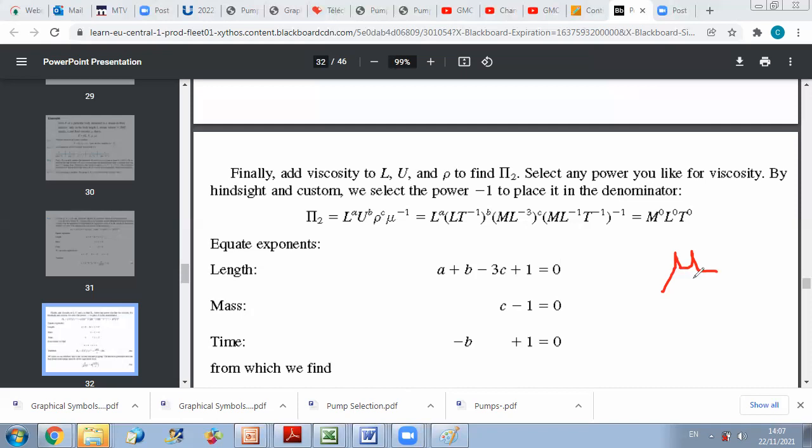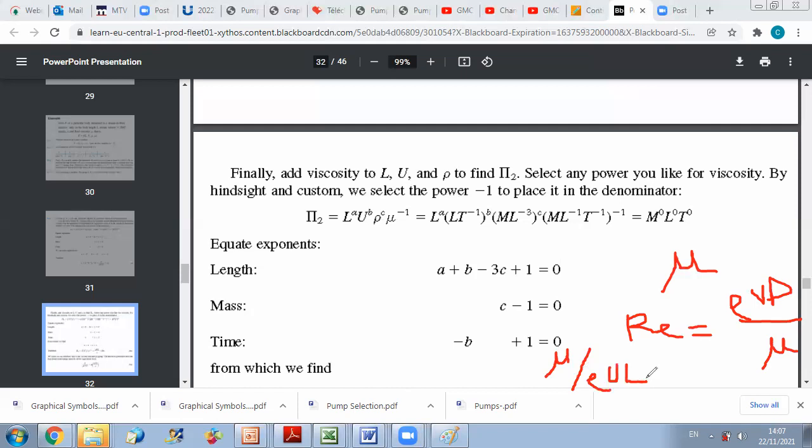Reynolds number. Okay, what is the definition of Reynolds number? Reynolds number is rho v d over mu. So I can expect that group 2 should come out as mu over rho times u times L.